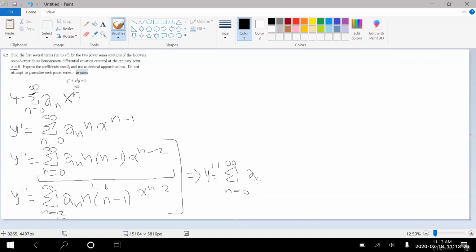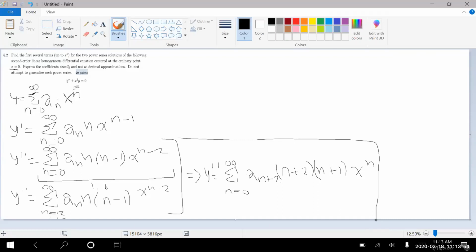So you get a sub n plus 2, n plus 2, n plus 1, and then x to the n, because the 2's cancel out. So that's all the different ways that we're going to write our second derivative, and we'll see where that comes into play later.